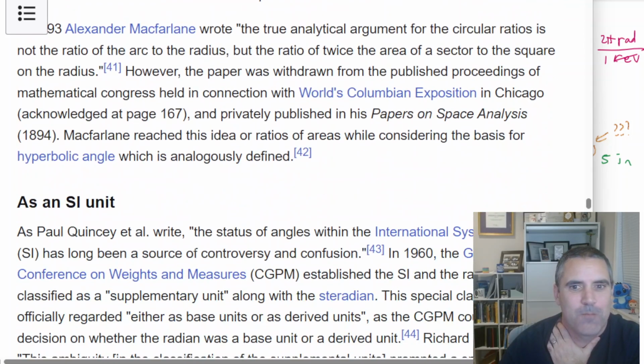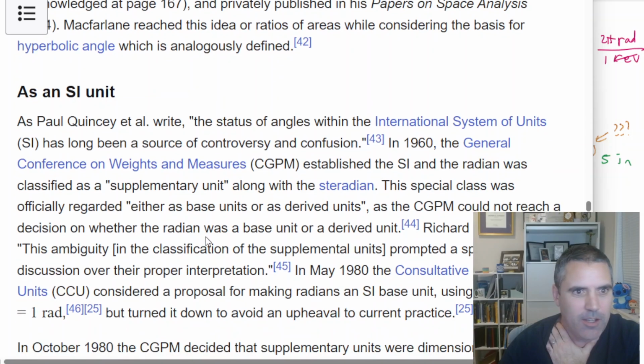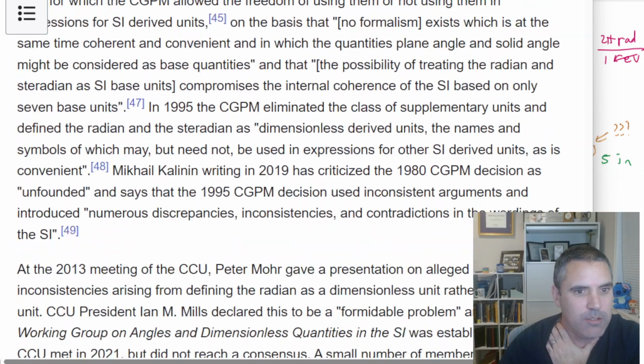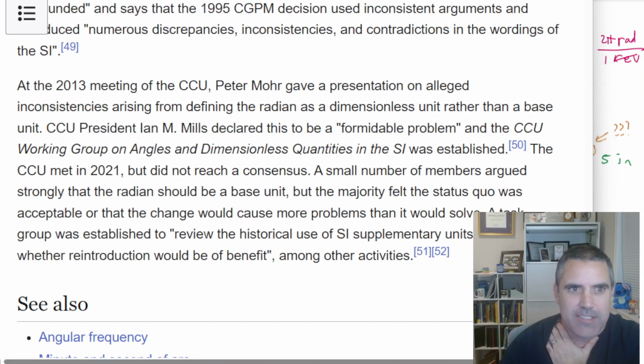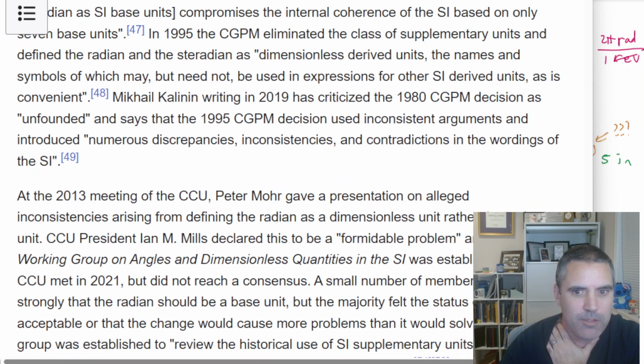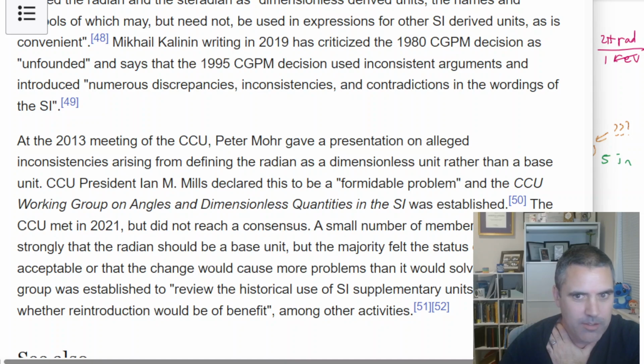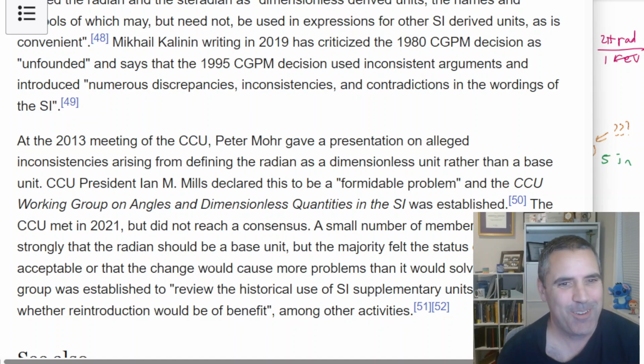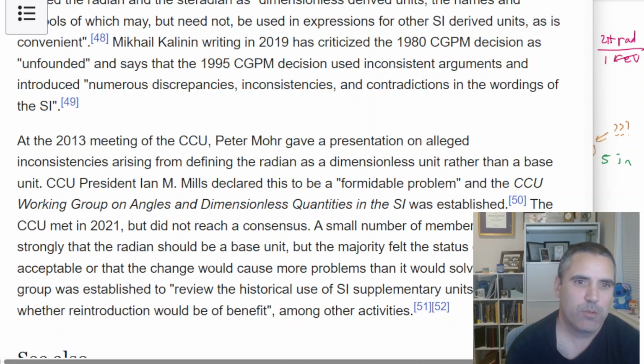But anyways, an interesting thing I saw was the debate continued, even recently. It says in 2013, which I thought I saw more recent, in 2021 they could not reach a consensus on dimensionless quantities. It says in 2013, someone gave a presentation of inconsistencies arising from radians, rather than using it as a base unit.